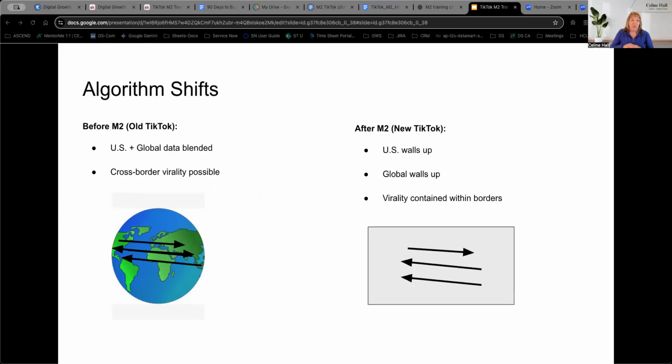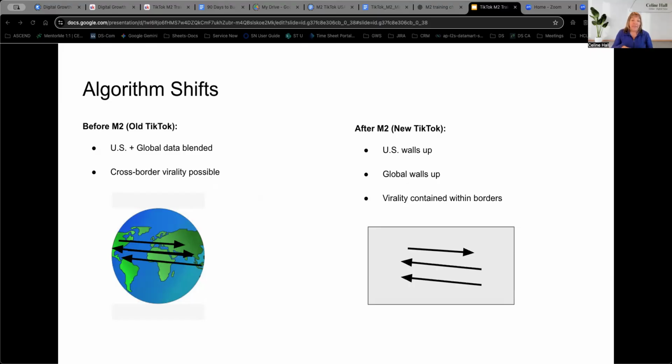First of all, virality is locked within the border. A video trending in the US may never be seen in France or Brazil. Second, cultural trends diverge. The US TikTok will take on its own flavor, separate from what's happening globally.